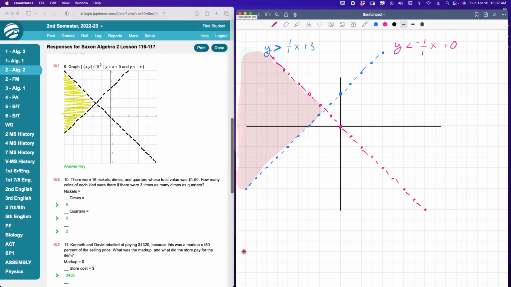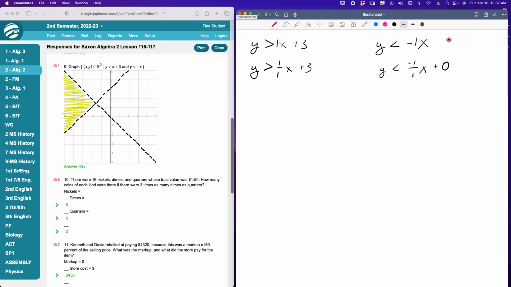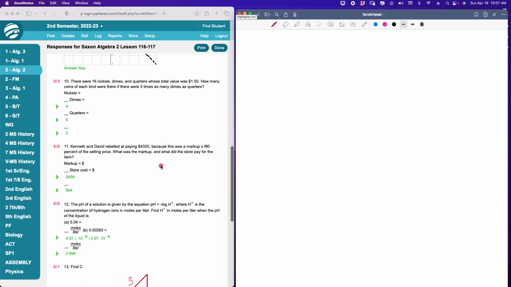That is where the two things would overlap. So that is where you would highlight or draw your yellow line just to indicate that this is the section that you're looking for. All right, let's clear this for future pages, and we'll clear this. And we'll move on to number 10.